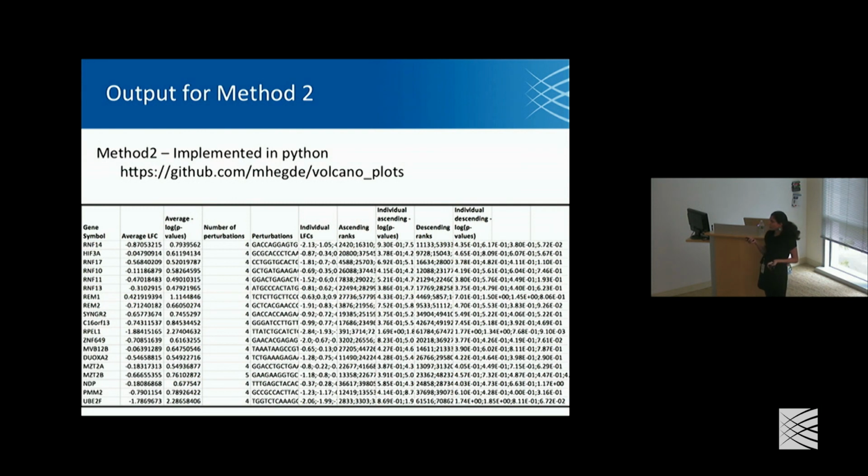In the third column, you have your average p-values, which we just calculated. In the fourth column, you have the total number of perturbations that target this gene. In the fifth, you have the sequences of the perturbations themselves. You have the individual log-fold changes for each of the gene symbols. You have their ascending ranks, ascending p-values, descending ranks, and descending p-values.